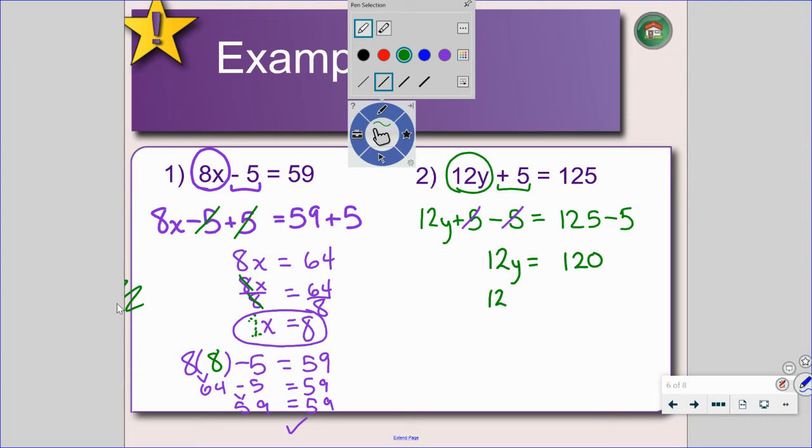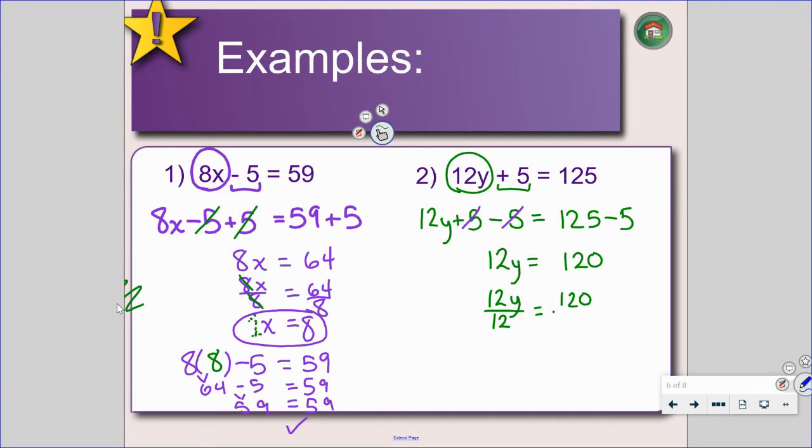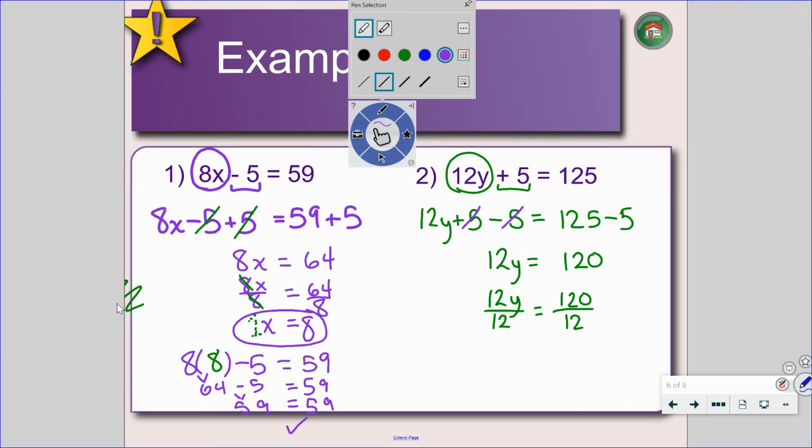But we don't want to know what 12 envelopes of money are, so let's split it into 12 parts, being fair and splitting both sides into 12 parts. Naturally, 12 split into 12 parts, boom, we got a single y. That was our ultimate goal. And in this case, y must be 10, or must it?